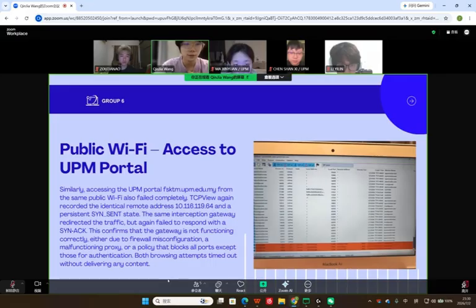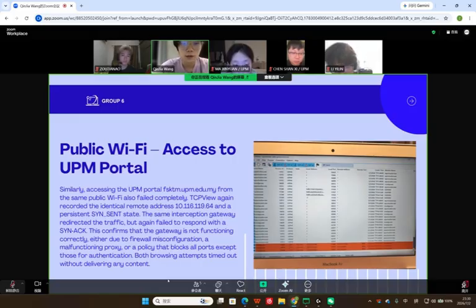Slide 4. Public Wi-Fi access to UPM portal. The same problem happened when we tried to access the UPM portal from the same public Wi-Fi. Again, the traffic was directed to the same private IP address. And again, the connection was stuck at SYN_SENT.